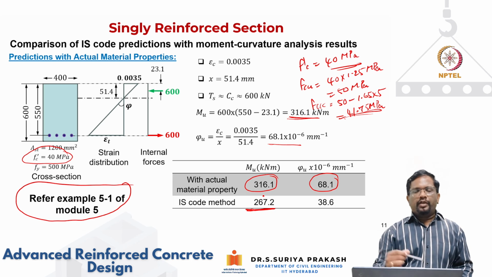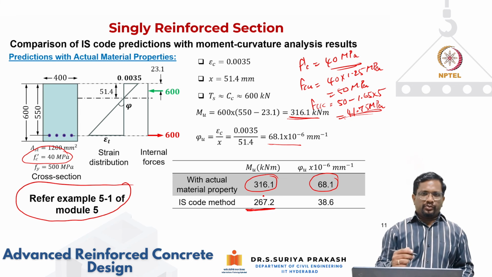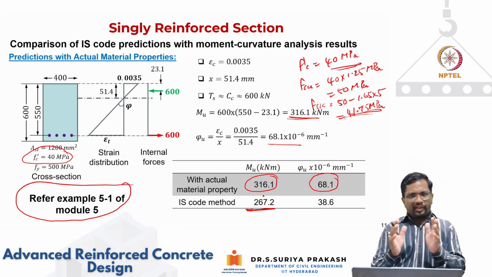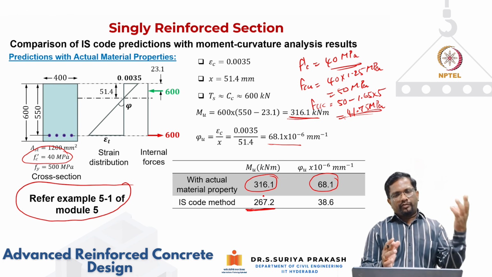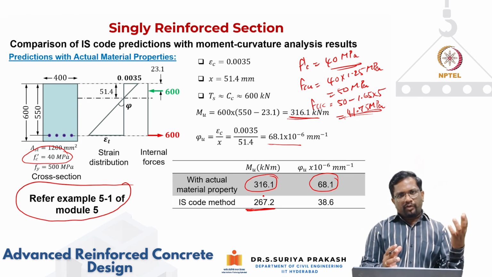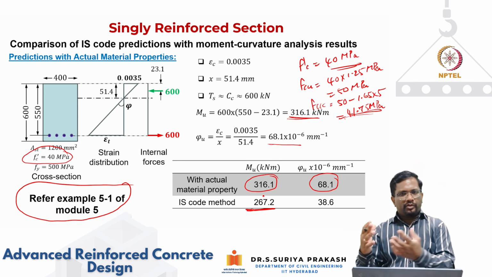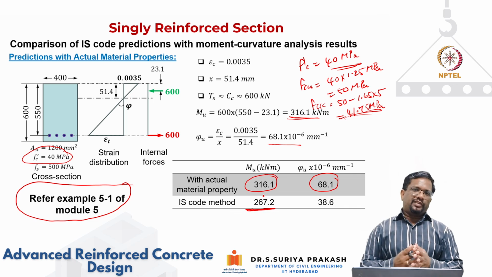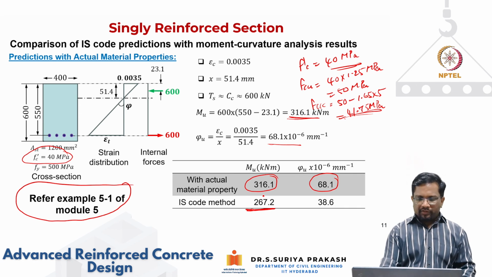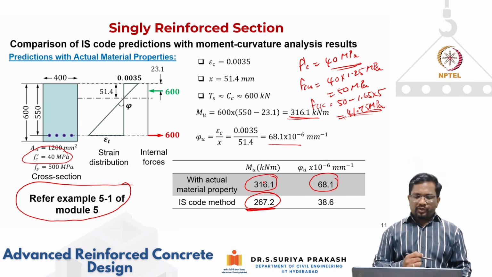It is 267.2 for the same section, same reinforcement. Instead of actual material properties that I get in the lab and perfectly elastic plastic behavior, I am now using the code specified design stress strain curve. So the IS code method is giving a value of 267.2 kilonewton meter.